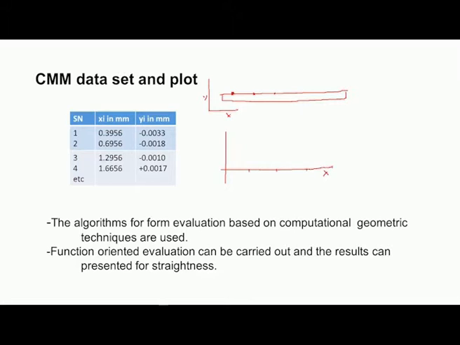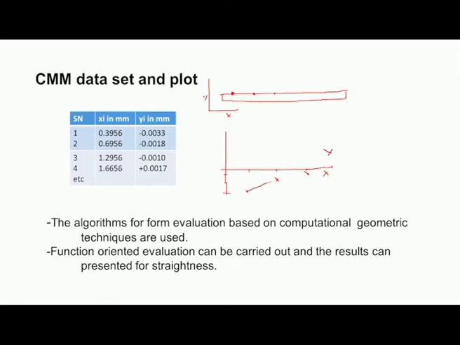So, we have 0.39, it is somewhere here, y value is negative, that is 0.003. So, this is say 0.001, 0.002 and 0.003. So, the point will be somewhere here, this is the first point, and second point will be somewhere here, and third point, and fourth point is here.